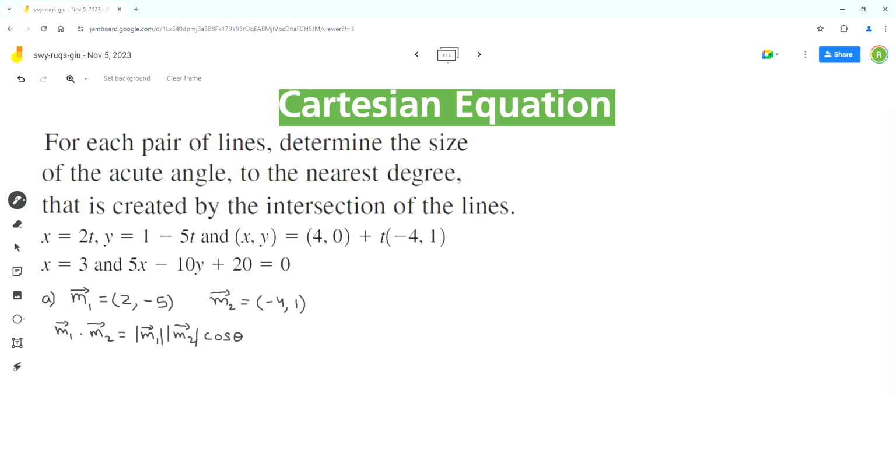Now we can use these vectors. For the magnitude, we should square the components, add them, and apply square root to the sum. Now we can do the dot product on the left side.